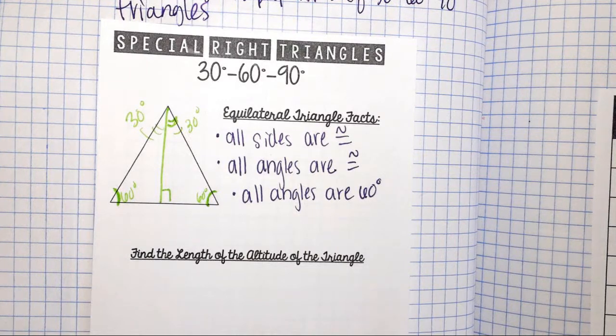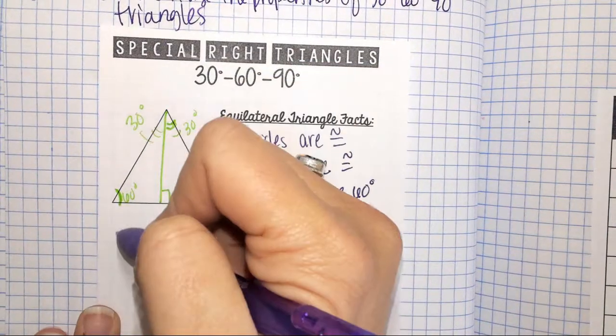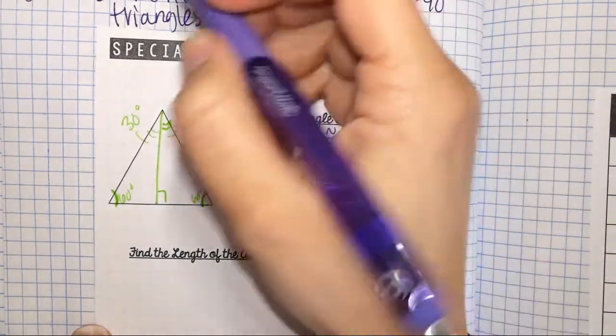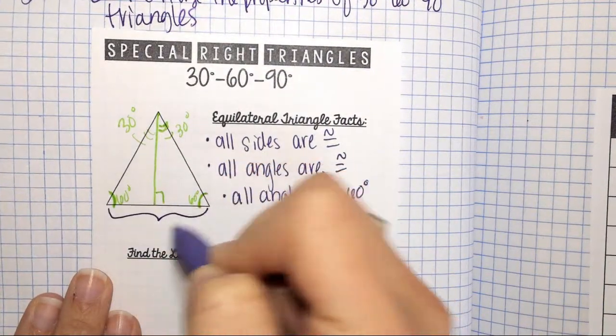Okay. Alright, so what we're going to do is we're going to redraw, let me back it up like a U-Haul truck. This whole side length is going to be 2.